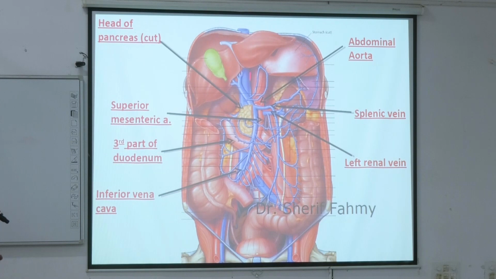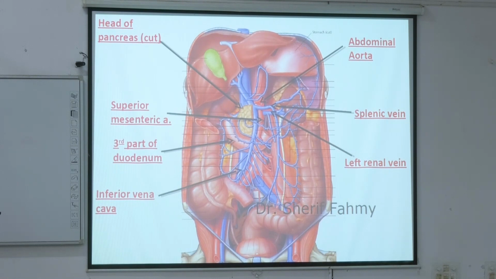Next, these are the veins. See, this is the splenic vein, here is the left renal vein, third part of the duodenum, inferior vena cava, superior mesenteric artery. These four structures are lying anterior to the abdominal aorta: splenic vein, left renal vein, superior mesenteric artery, and third part of the duodenum, forming the anterior relation.